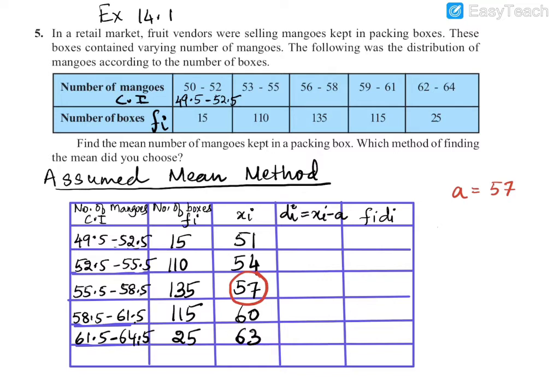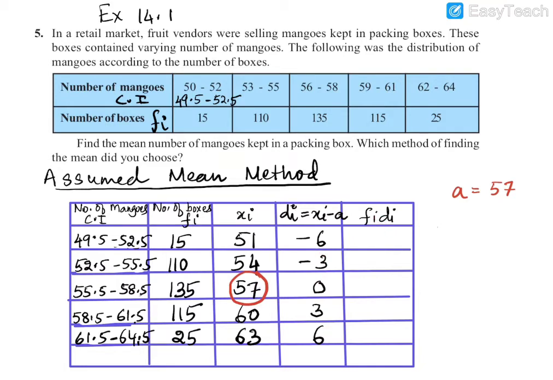So 51 minus 57 will be minus 6. 54 minus 57 will be minus 3. The next, 57 minus 57, will be 0. 60 minus 57 is 3, and the next one will be 6. So now we have reduced the xi values from 2-digit number to 1-digit number.